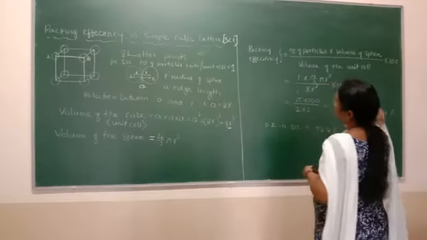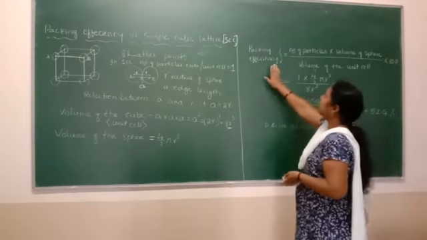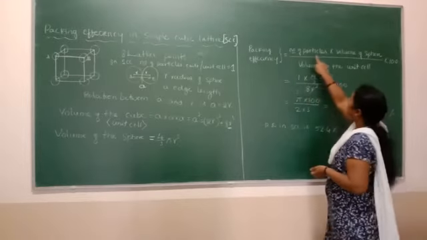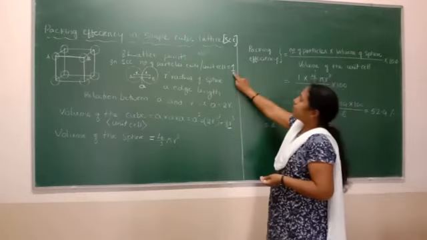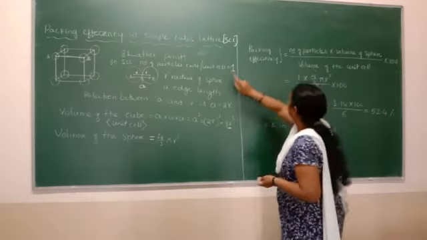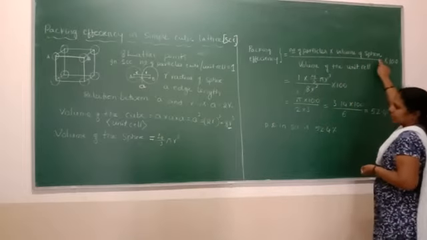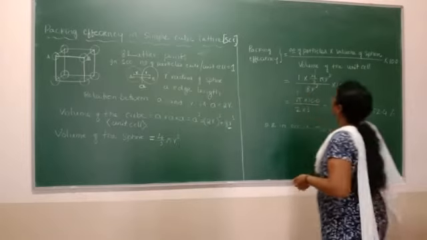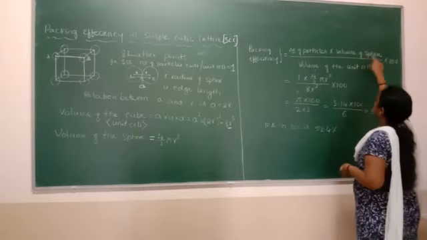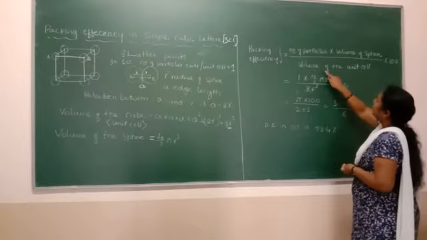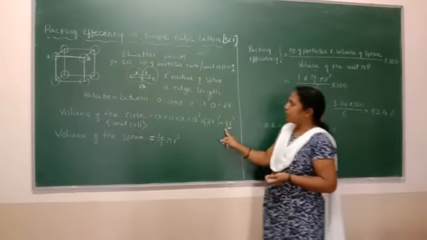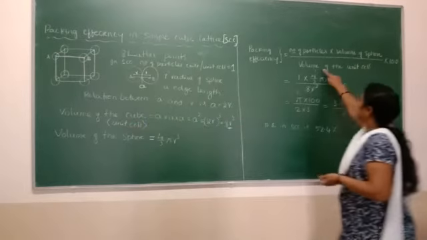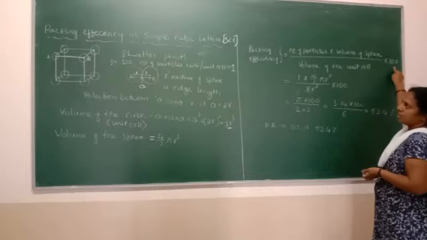Okay, so to calculate the value of packing efficiency, the equation is: packing efficiency is equal to the number of particles per unit cell into the volume of the sphere, which is 4 by 3 pi r cube, divided by the total volume of the unit cell, which is the volume of the cube, taken as the denominator, multiplied by 100.